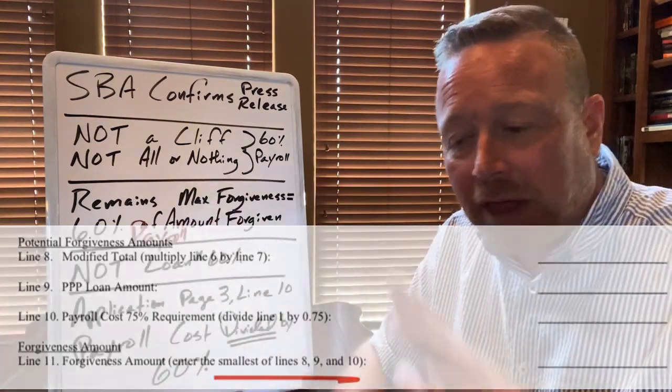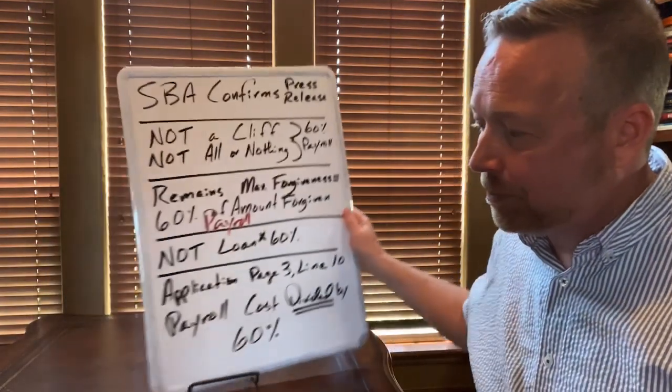So think of it this way, okay? You're going to go get your loan forgiven. And you're sitting there saying, hey, bank, here's how much I spent on payroll. They have to know what percentage of that was your loan, right?